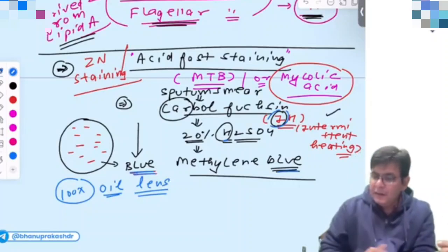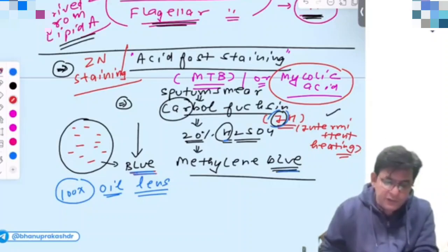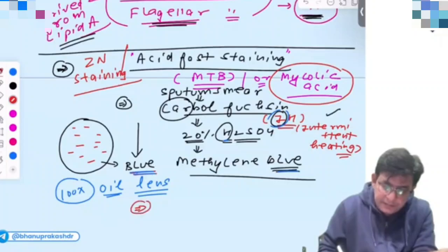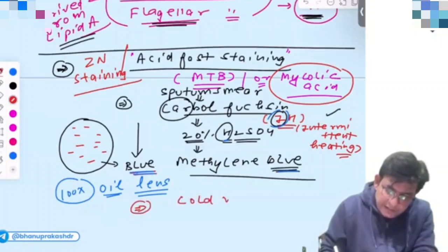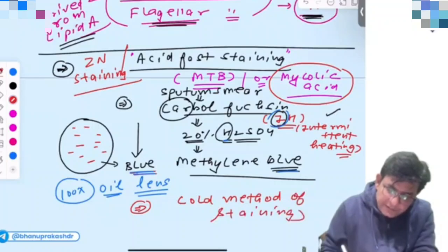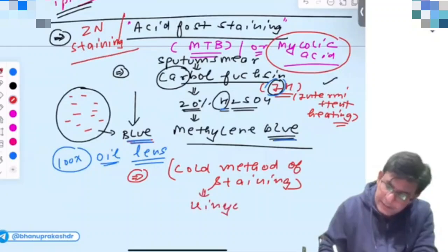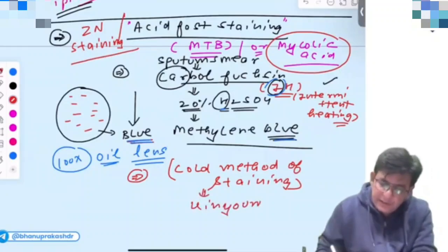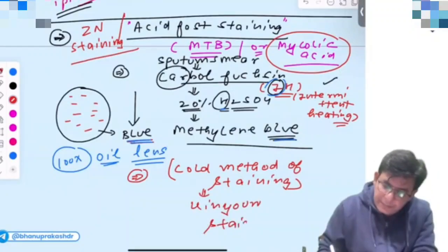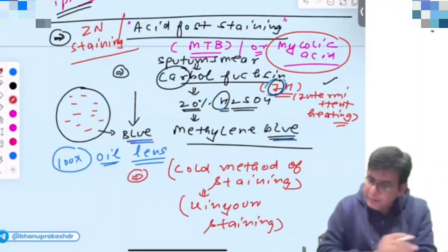Is it fine? Now, another important fact you should know is that there is a cold method of staining also, and this cold method is Kinyoun staining.